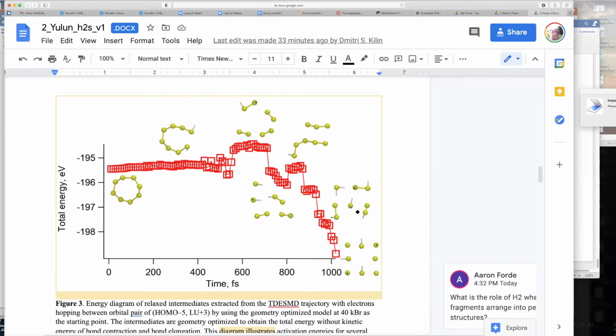Well, I'm saying the red boxes that you see all the way along the line, I'm assuming the red boxes are showing the snapshots, right? There's a relationship between that snapshot frame and the fragment that you're showing. So in the very first one, you're making it seem like the 8 sulfur atoms are all connected, and it goes from 0 to 200.